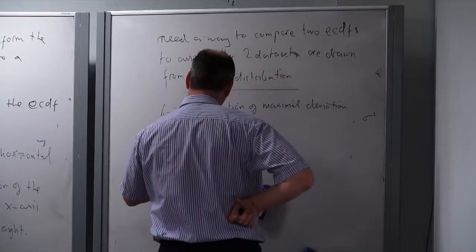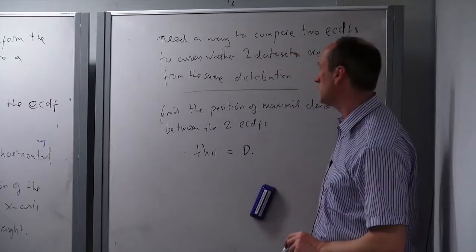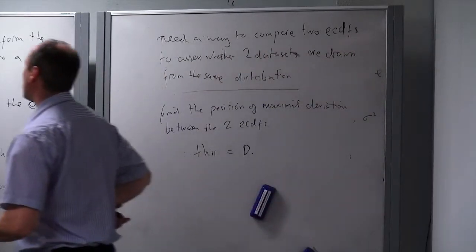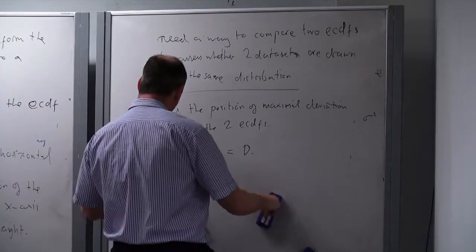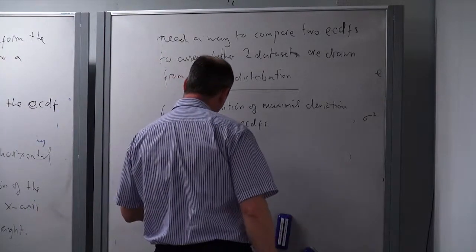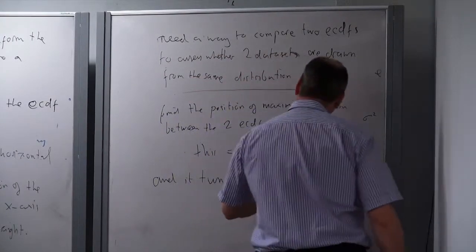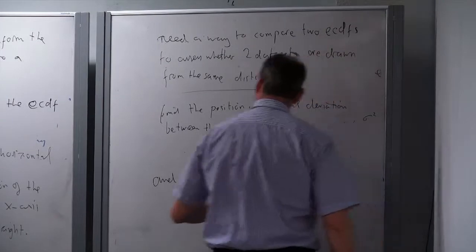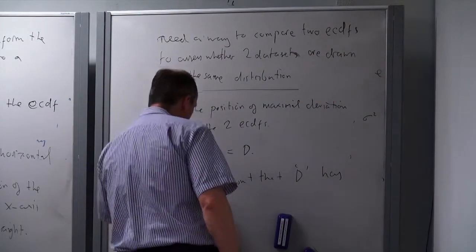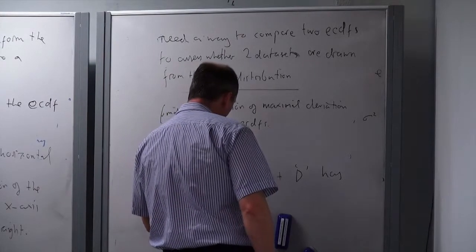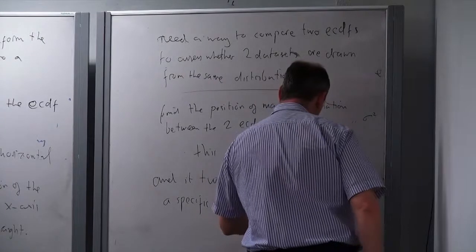This is D. And it turns out that D has a specific distribution called a Kolmogorov distribution.